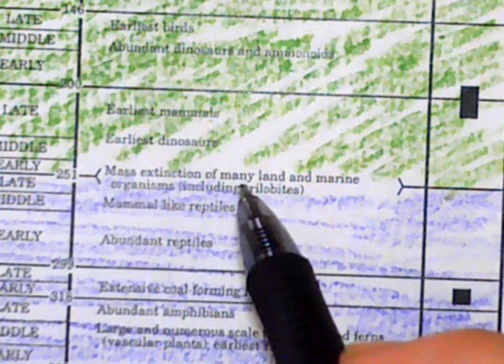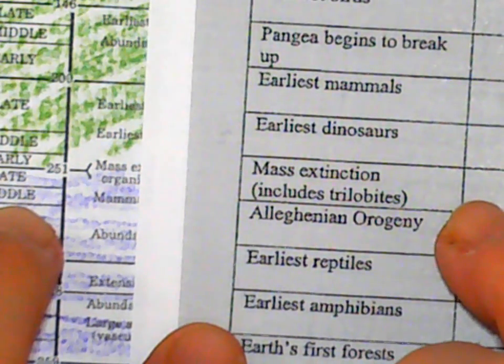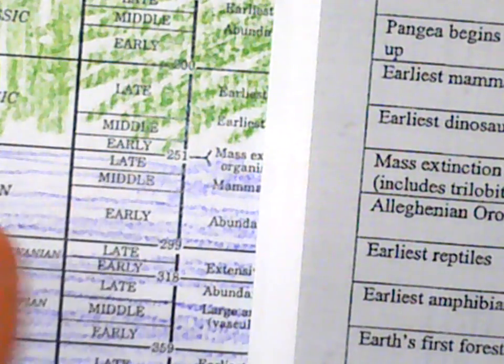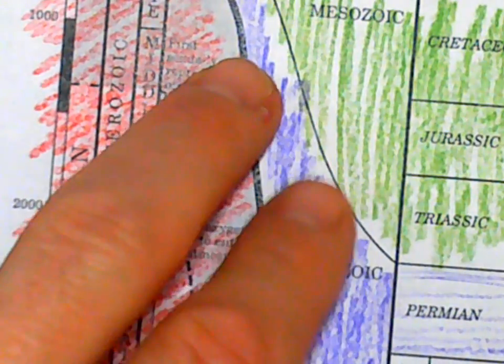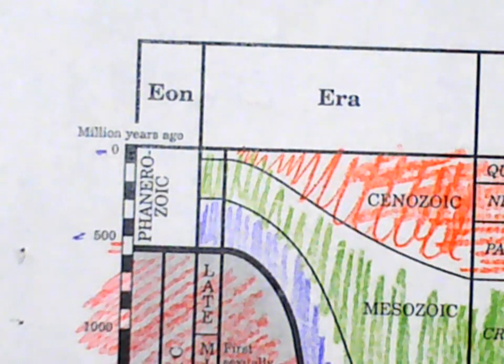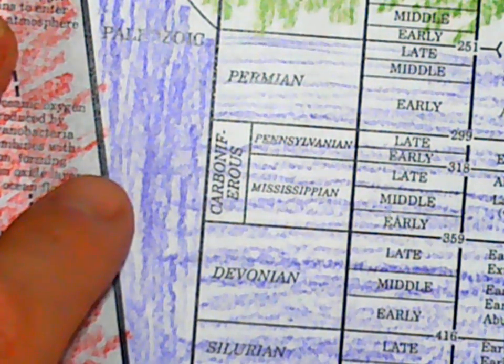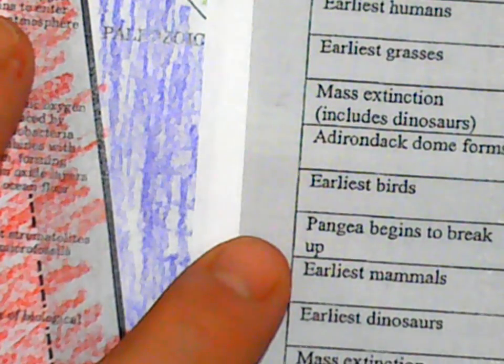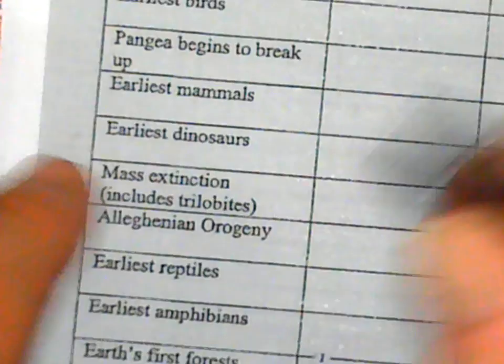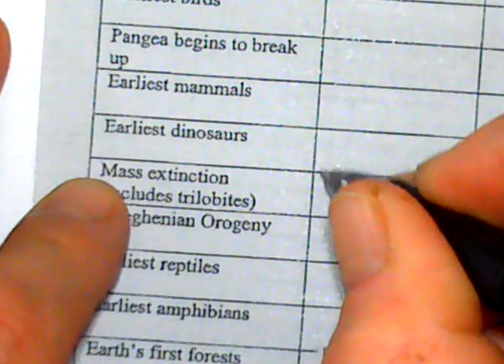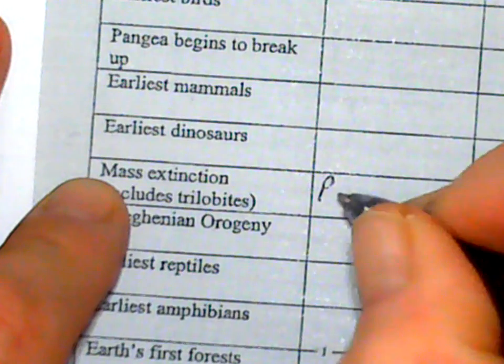So how would I do this? Here's my piece right here. Since it's in the Paleozoic right on the line, I'll follow it up, and I am in my Phanerozoic. We're going to call it Paleozoic because it happened at the end of the Paleozoic, so we're going to say Phanerozoic.